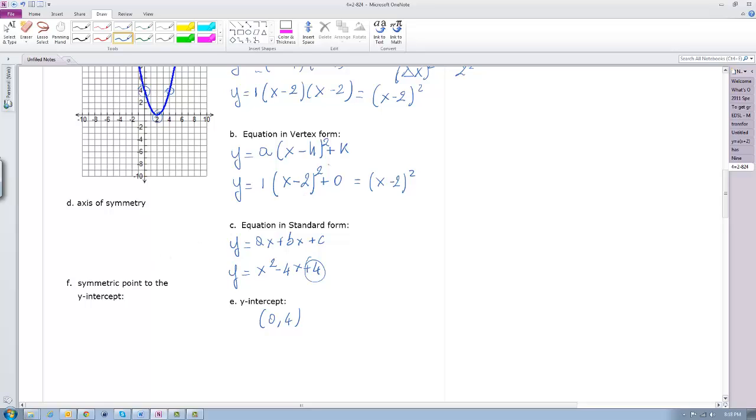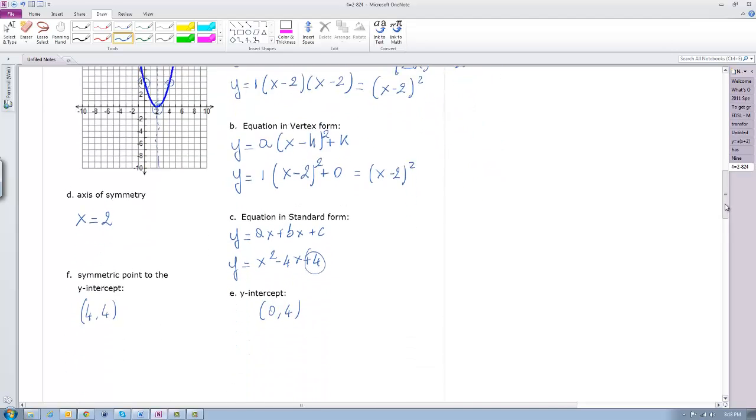But again, we can find it also algebraically by multiplying the x coordinate of the vertex, which is 2, times 2, is 4 in this case. However, we can easily see it from the graph. The axis of symmetry is the line that splits the parabola in two, this line down here, and it is x equals 2.